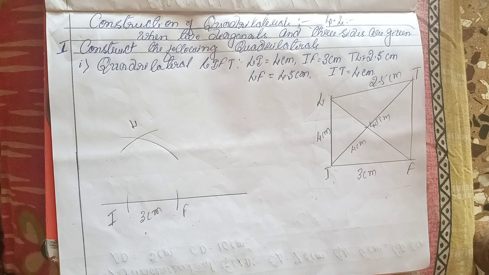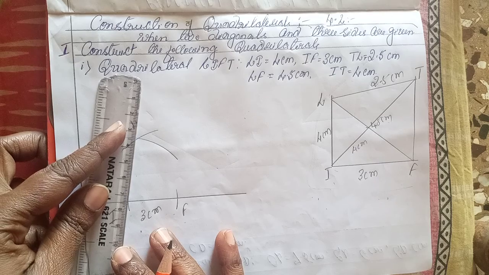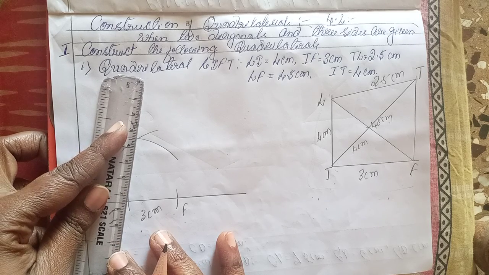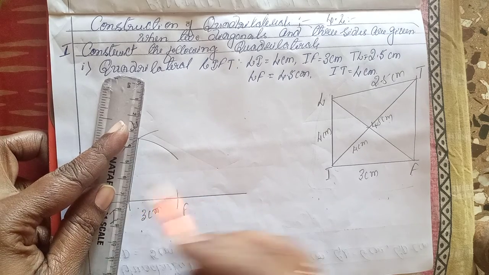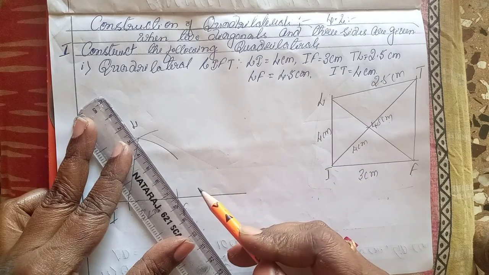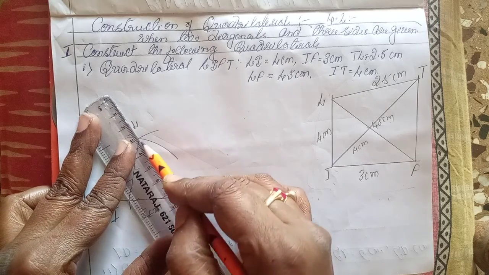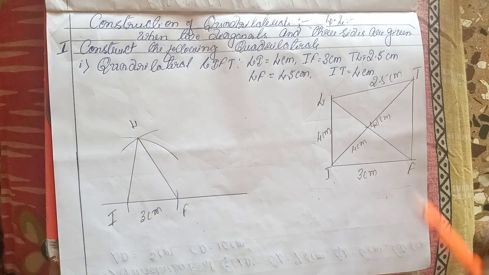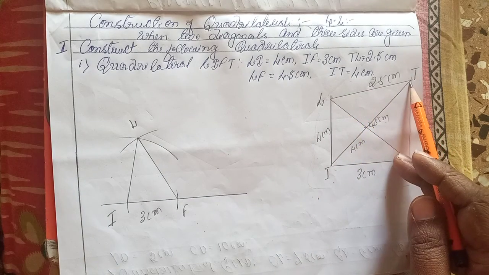Now join IL like this. Okay students, join IL and LF. Now what we got? LF as the base. Again we have to construct 2.5 centimeter.